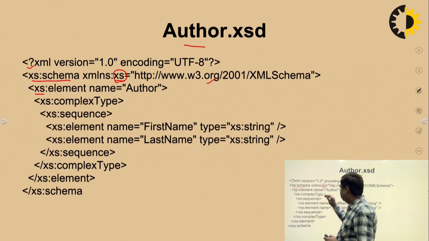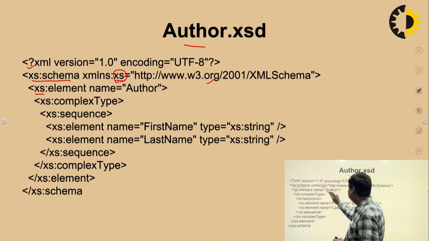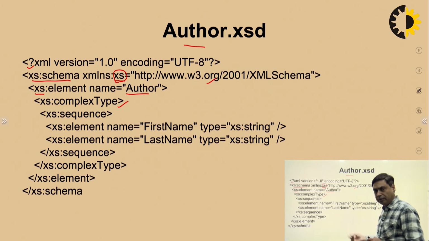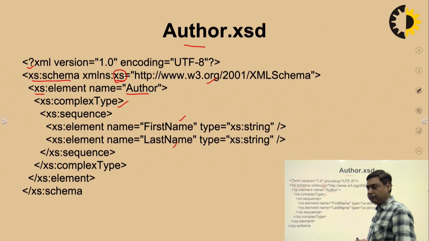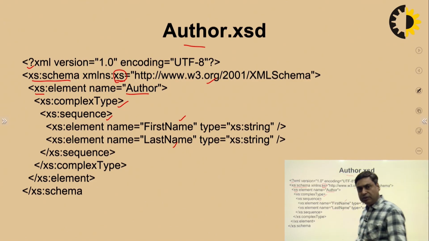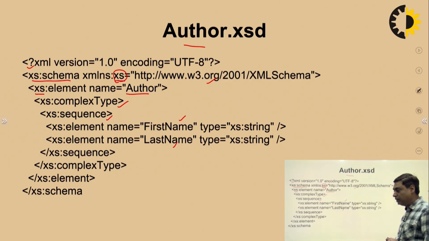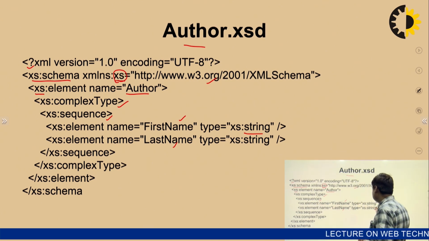Now, in this schema, we have defined a root element. The root element is author. It is a complex type because in the author element we are going to include two more elements: one is firstName, the second is lastName. Then I want to put a sequence, that is, first name should come first, then last name. So we have defined the sequence. It is an element named firstName and the type is defined as a string.